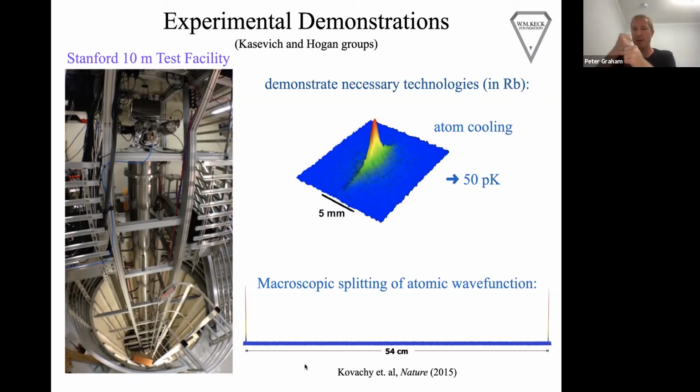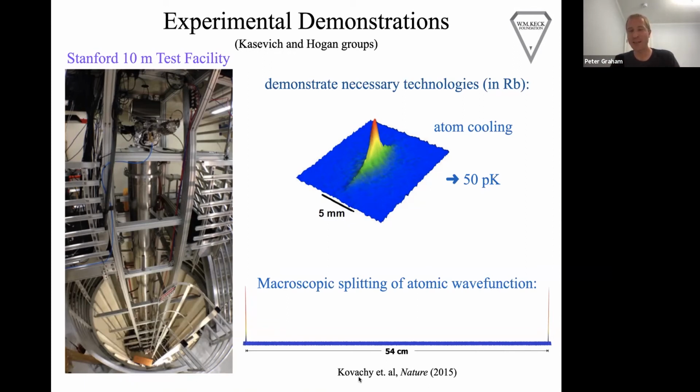They were able to rip apart the two halves of the atom's wave function 54 centimeters. Which was also a world record for the largest superposition state, well, not really of a macroscopic object, but a macroscopic splitting, a macroscopic distance between the two halves of a wave function. Light, of course, has been split, photons have been split over much larger distances, but this is for atoms, which is what we needed.